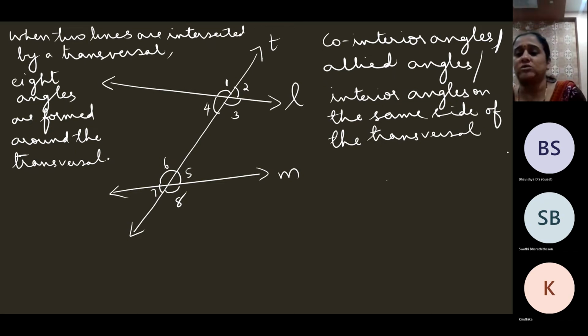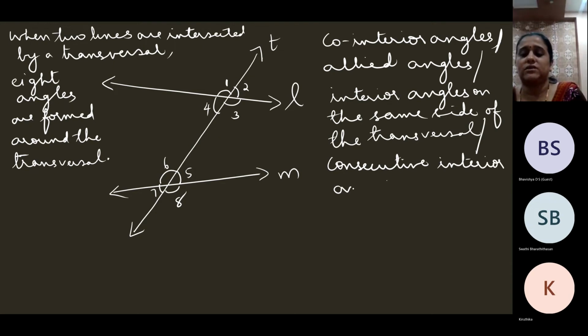Let me write that also. Consecutive interior angles or co-interior angles or allied angles. All these terms refer to the interior angles on the same side of the transversal.